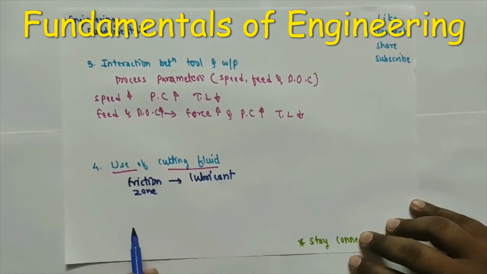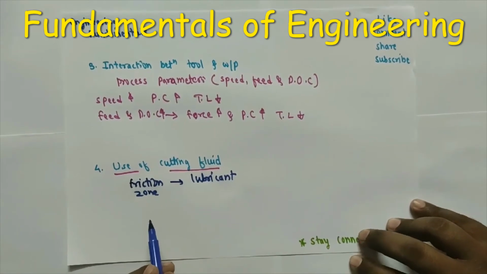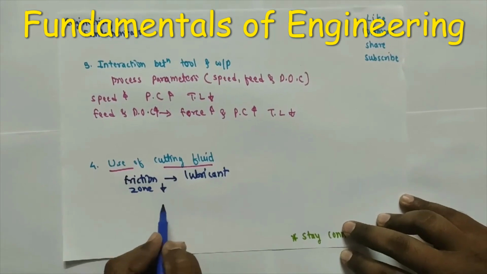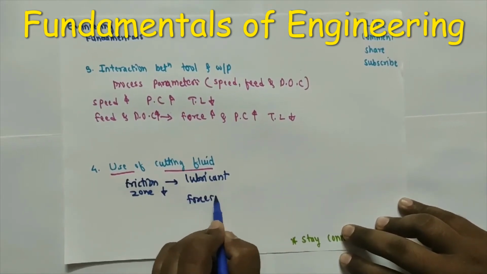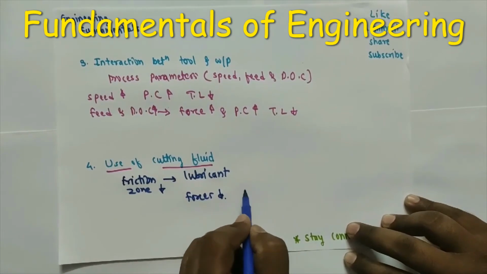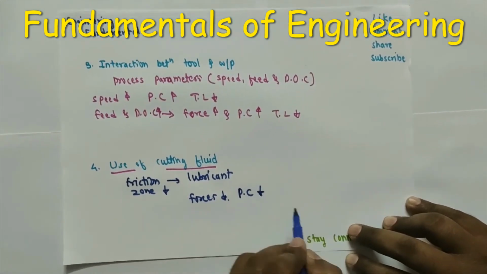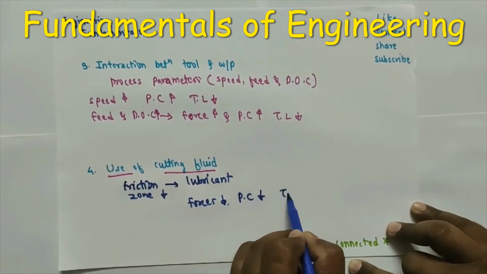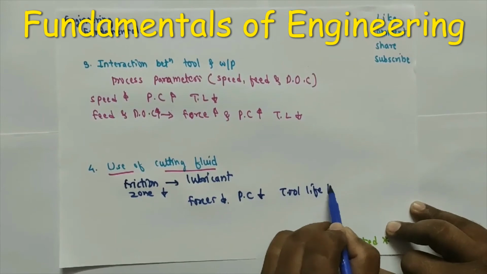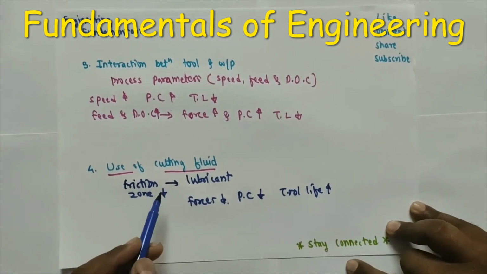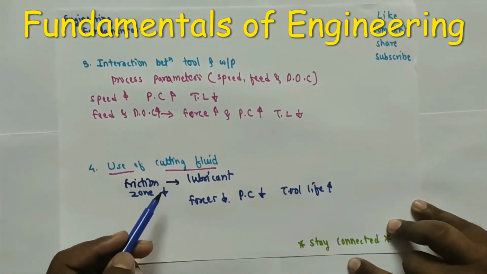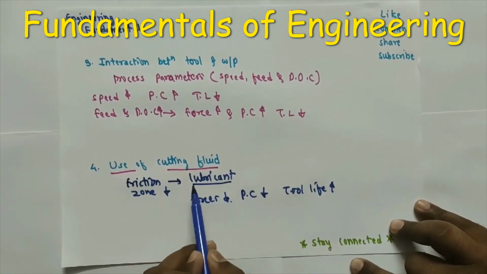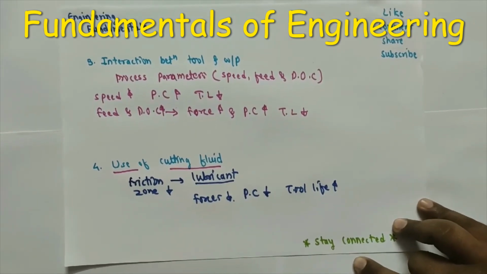Due to this lubrication, the friction will be reduced, and that will ultimately reduce the forces and power consumption. If the forces and power consumption are reduced, then tool life will increase. There is also a possibility that the required surface finish will be better if the friction is reduced.